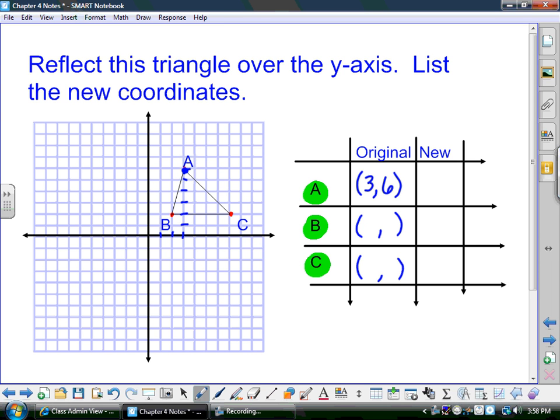The original ordered pair for point B is 2 comma 2. And the original ordered pair for C is 7 comma 2.